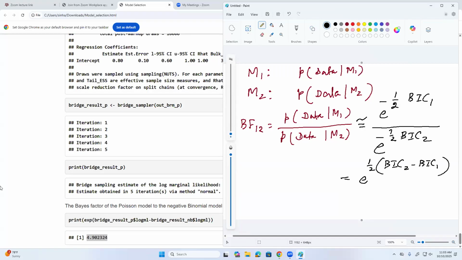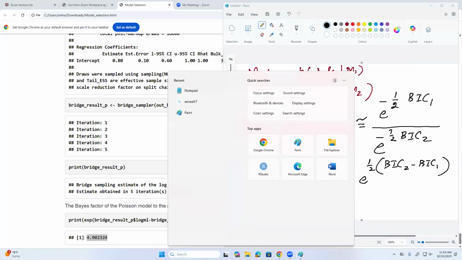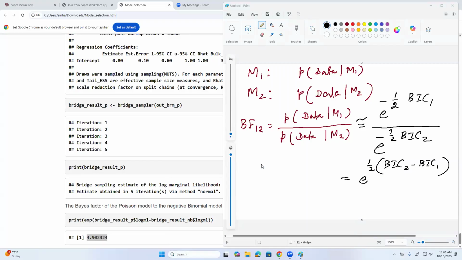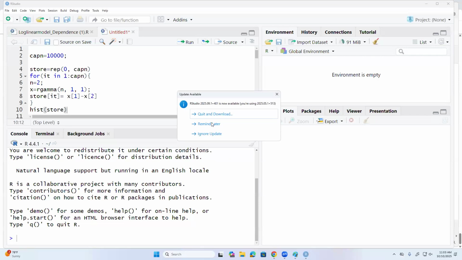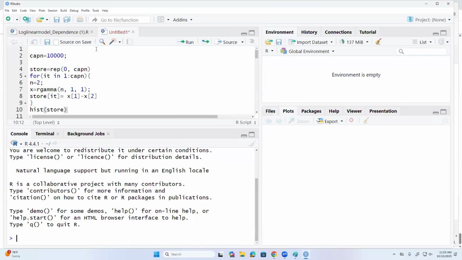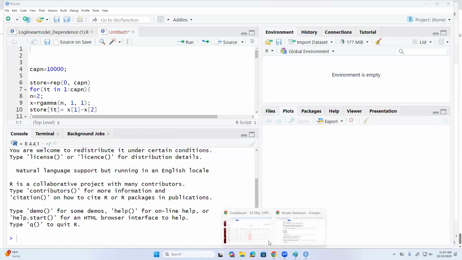Now let's do that. BIC calculation is very easy. But the only thing is that we do not use any prior information. We do not use any prior.